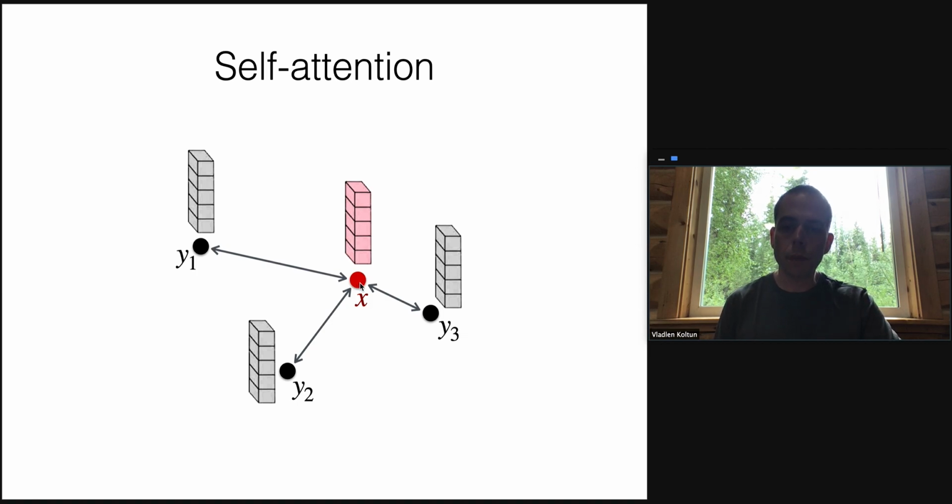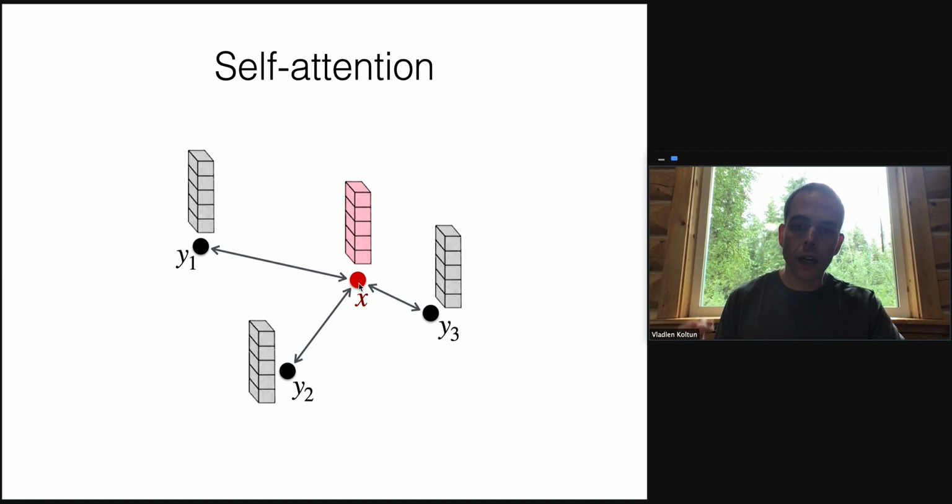In this metric space, the data point X looks around at its local neighborhood and sees other data points at various distances from itself. It computes the distance from itself to other data points, and that distance is used to determine the weight with which information is going to be aggregated from those other neighboring data points.